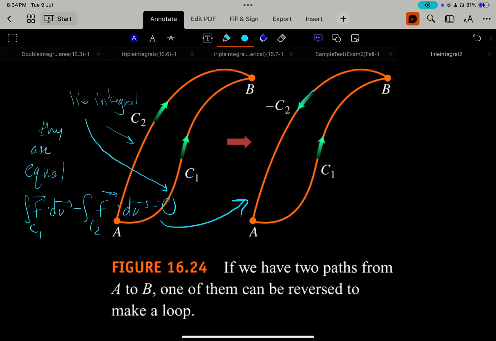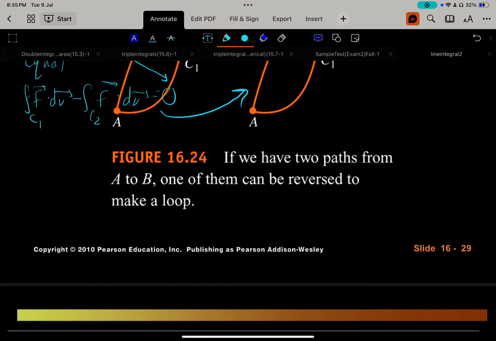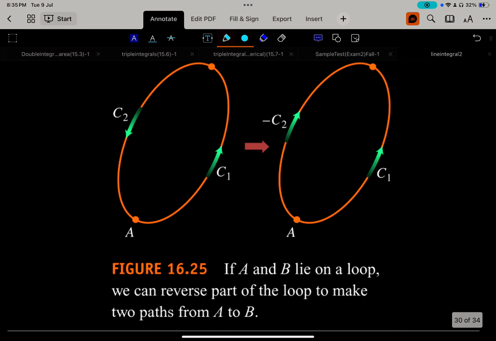So we are reversing one of the curves, and when we add them we get 0, and if that's true, then our field is conservative, which is another application of the fundamental theorem of line integrals.